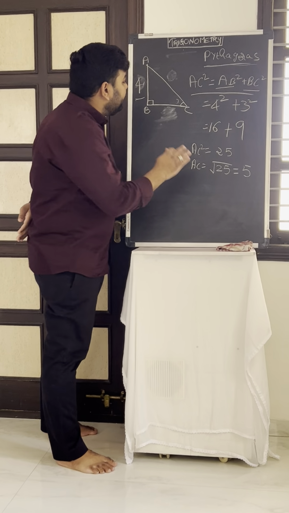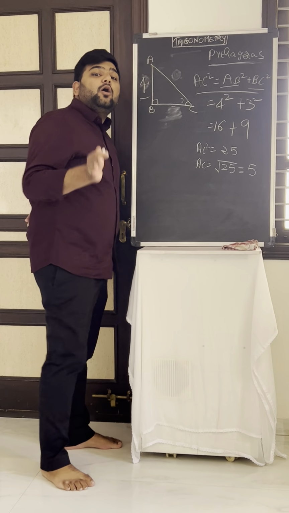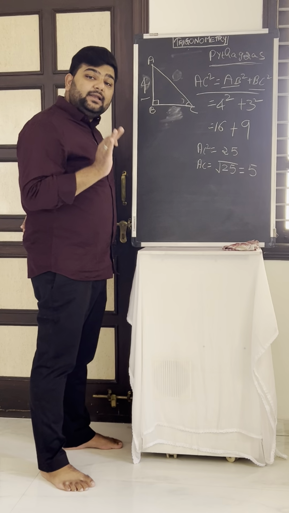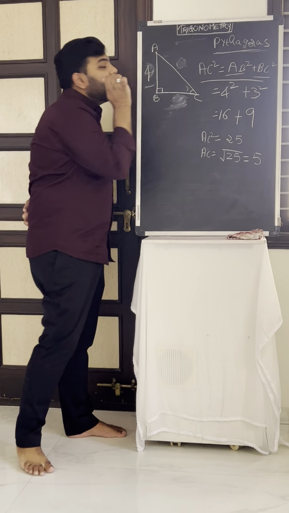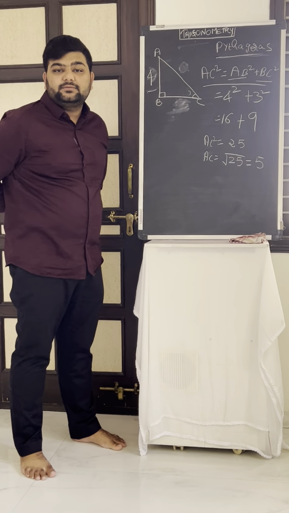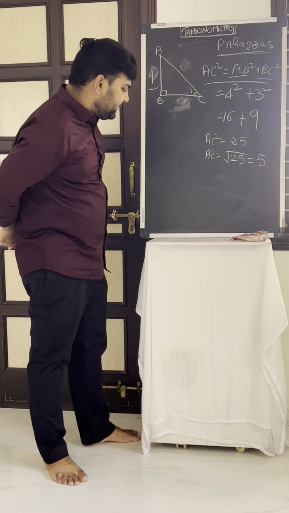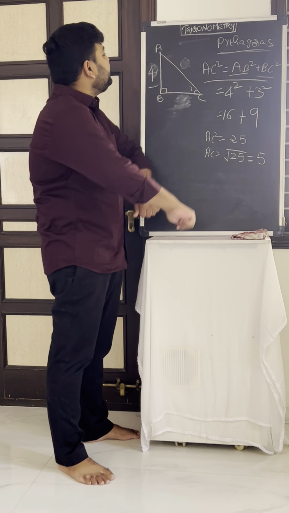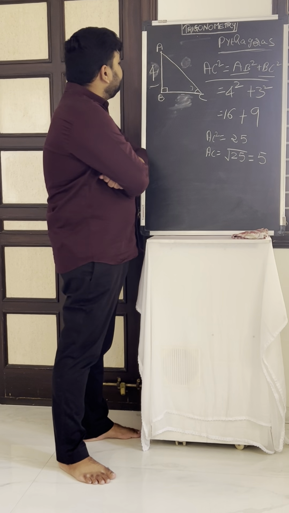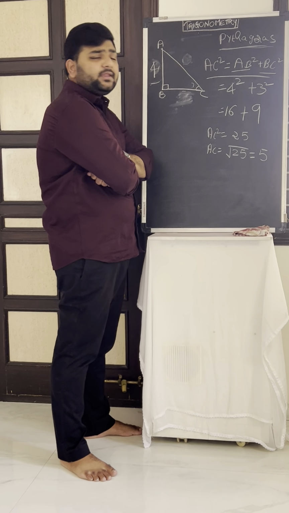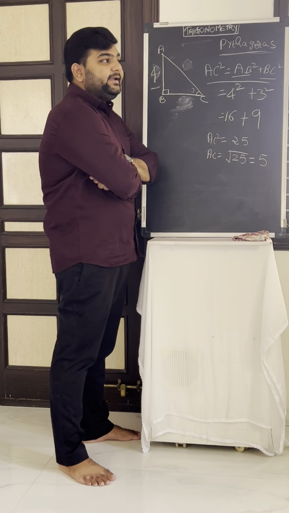Trigonometry is the science of the relation between angles and sides of a right angle triangle.